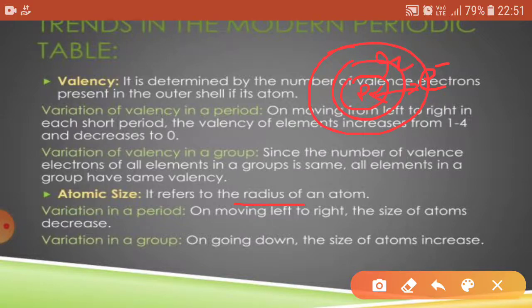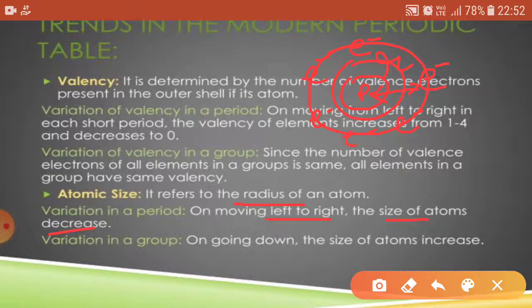And what will be the trend along the period? On moving from left to right, the size of the atom decreases because an electron is added in the same shell. One electron is added in the same shell. That's why atomic size decreases, because protons also increase.